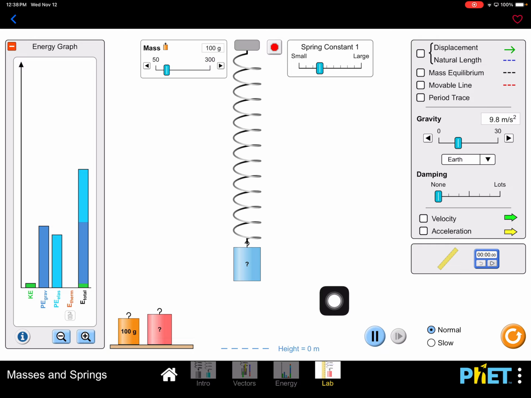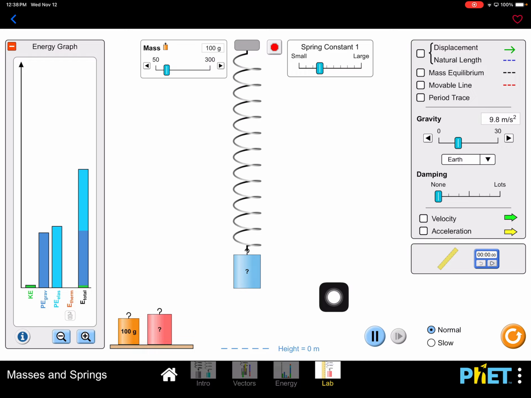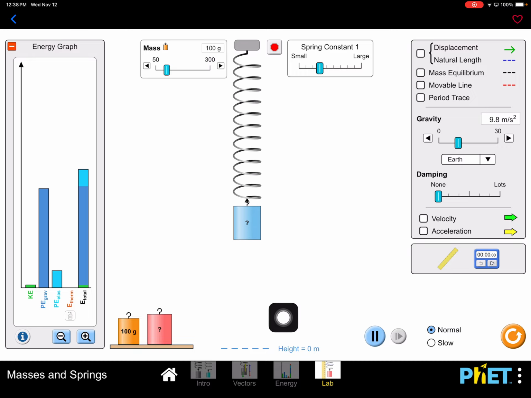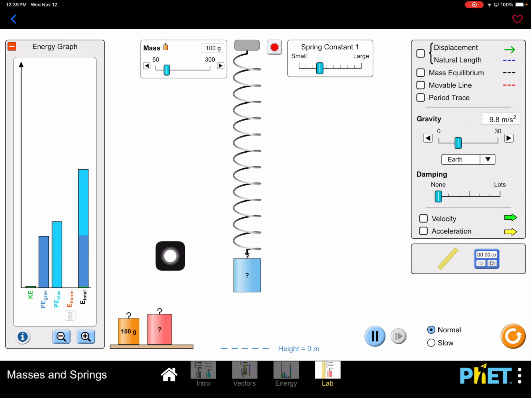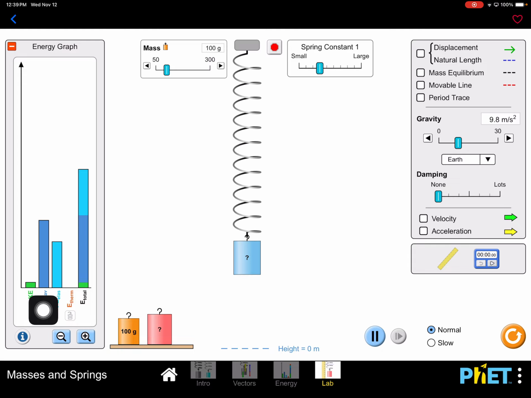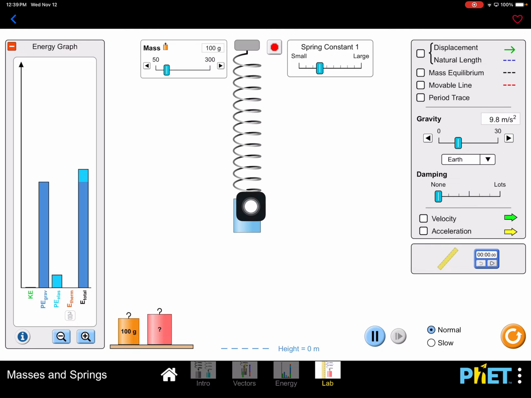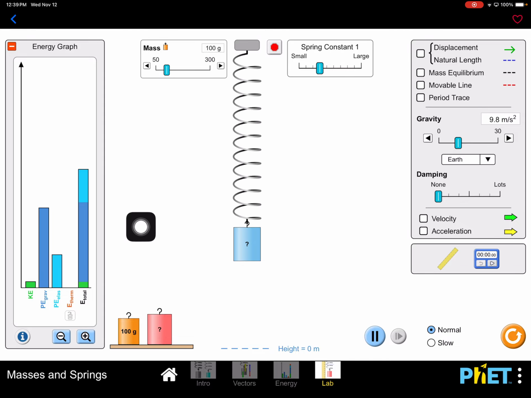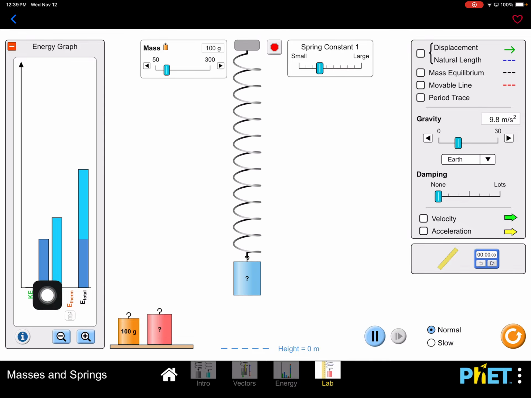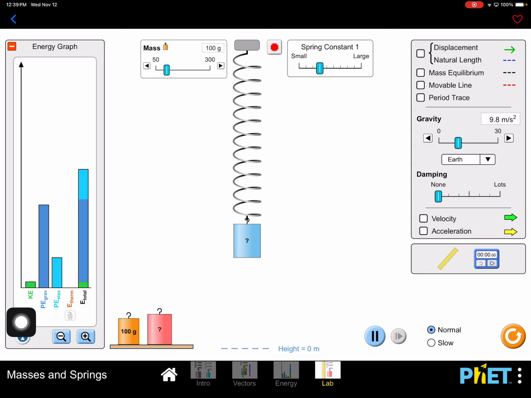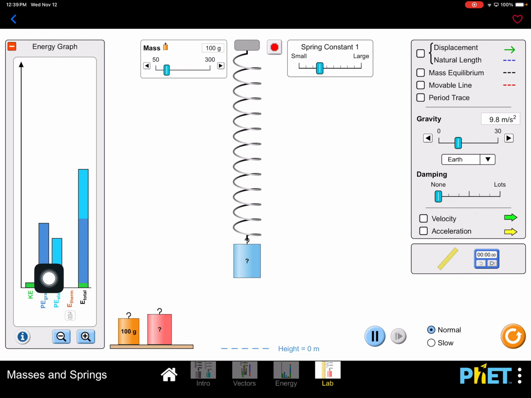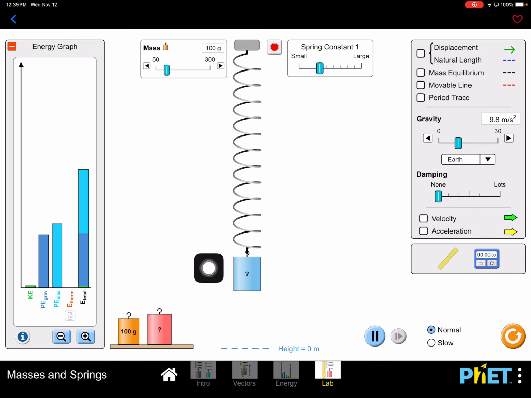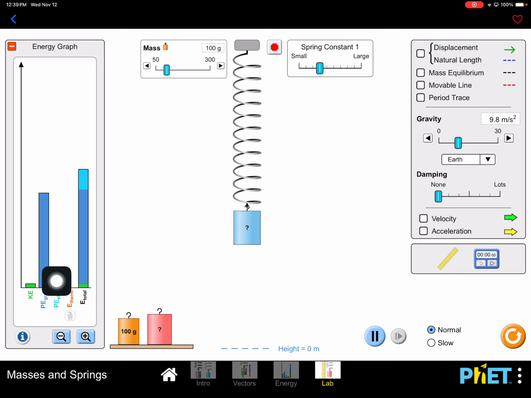Okay, now here's a feature that any oscillating system needs to have. Let's look at it from an energy perspective. This is a vertical motion, but if you did a horizontal motion, it would be similar. Now this thing has kinetic energy, the energy of motion, gravitational potential energy because it's going up and down, and spring potential energy.